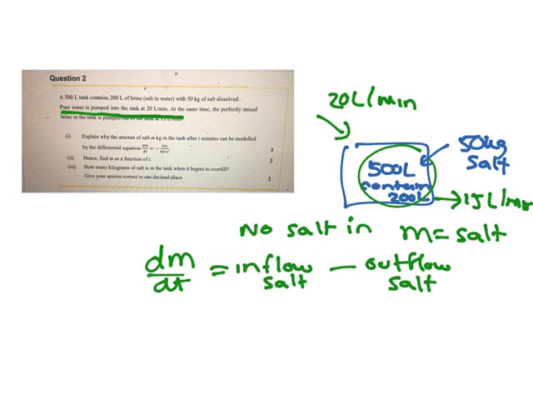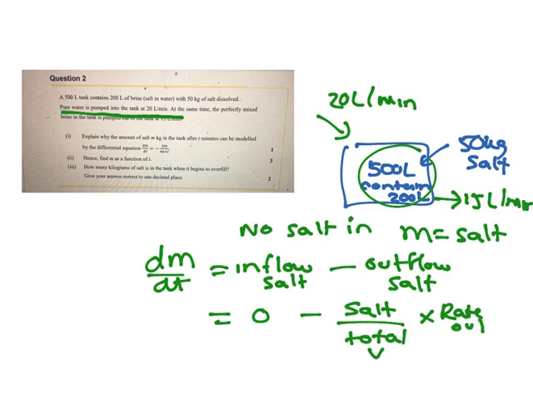So the inflow of salt would be 0 because there's no salt going in. The outflow of salt would be the fraction of salt over the total volume times the rate going out. So the fraction of salt in the system would be M over the total in there at any given time.